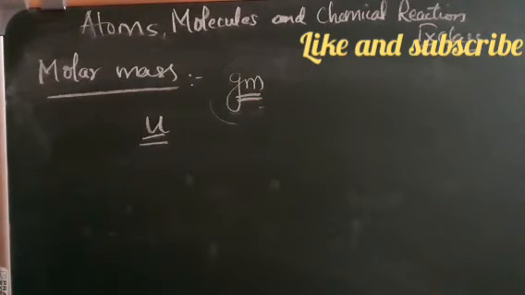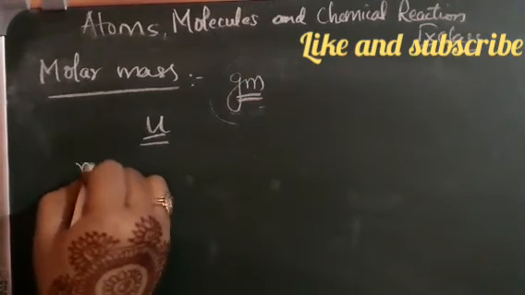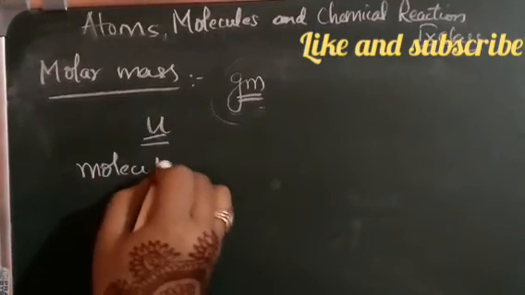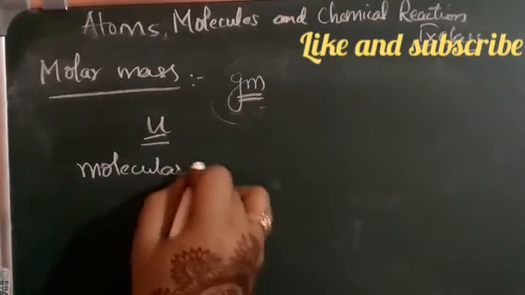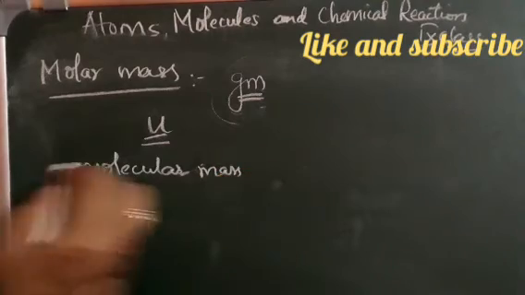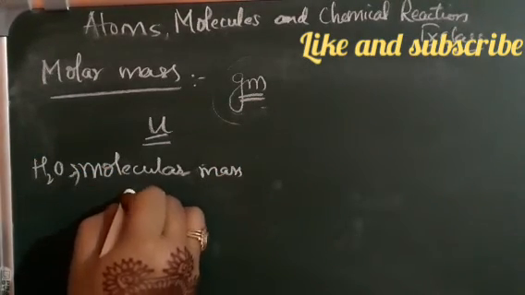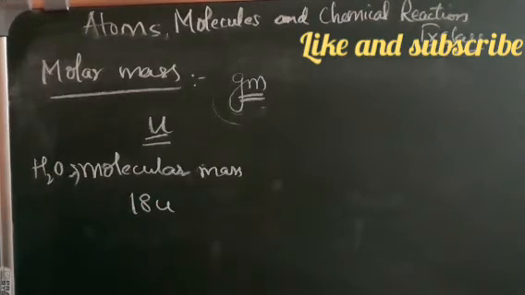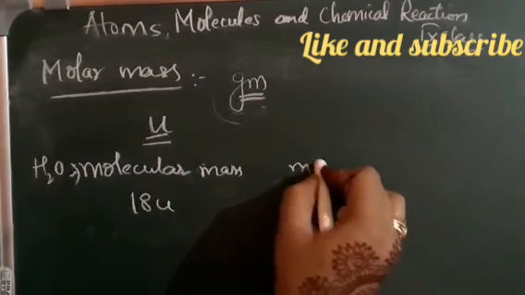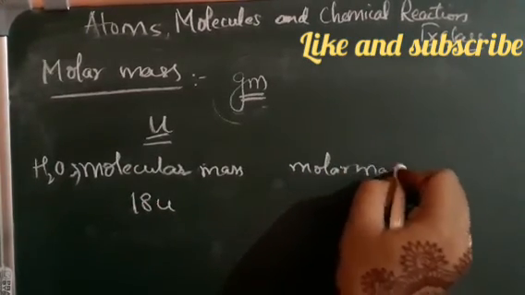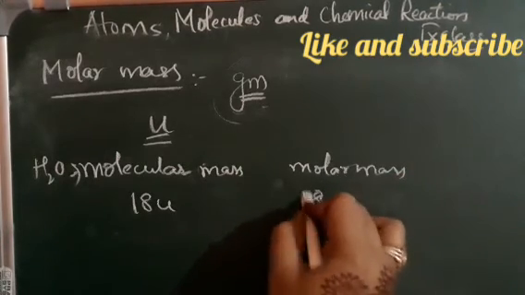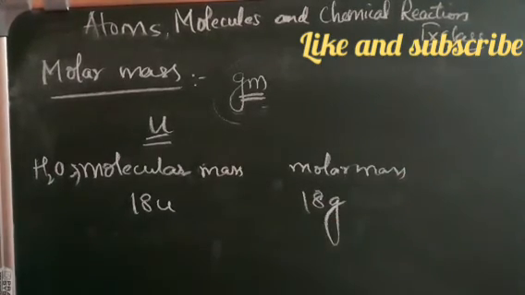For example, if we take the molecular mass of water, we write it as 18 u. If we take the molar mass, then we write it as 18 grams.